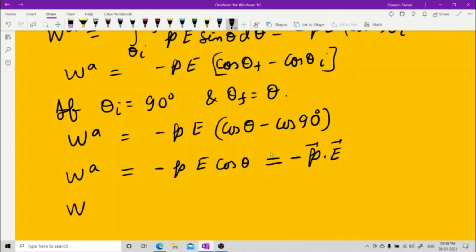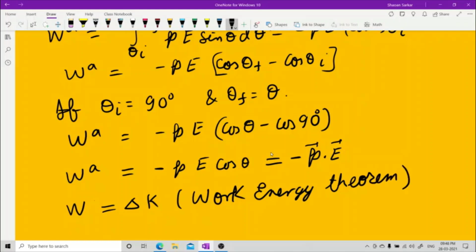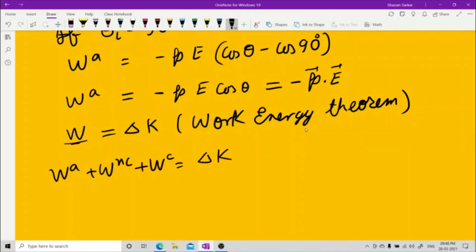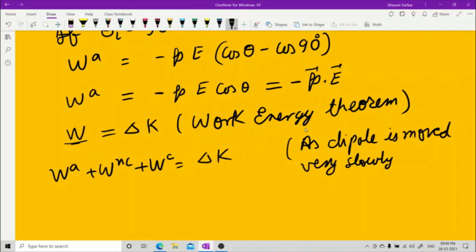Now, from the work energy theorem, W equal to delta K. The net W is the work applied plus work non-conservative plus work conservative, equal to delta K. As the dipole is moved very slowly, there is no acceleration, so delta K is 0 and W non-conservative is also 0.